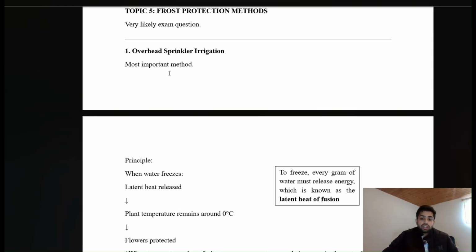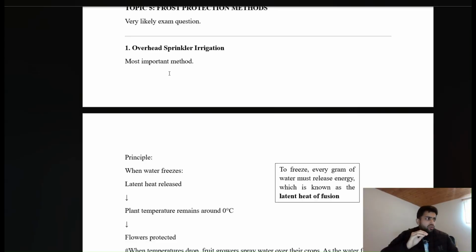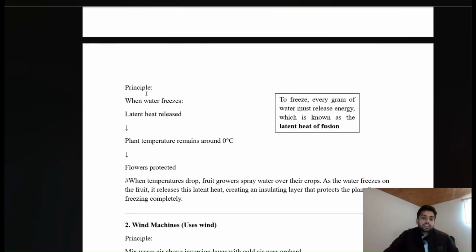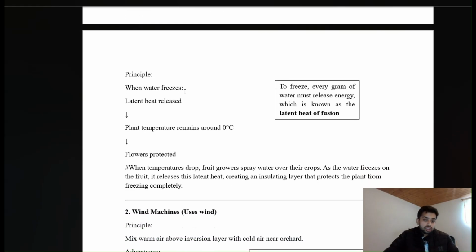If you spray water, the water releases latent heat of fusion, which can prevent freezing and protect our leaves from frost and spoilage. The principle is that when water freezes, the latent heat is released, the plant temperature remains around 0 degrees Celsius, and the flowers will be protected.